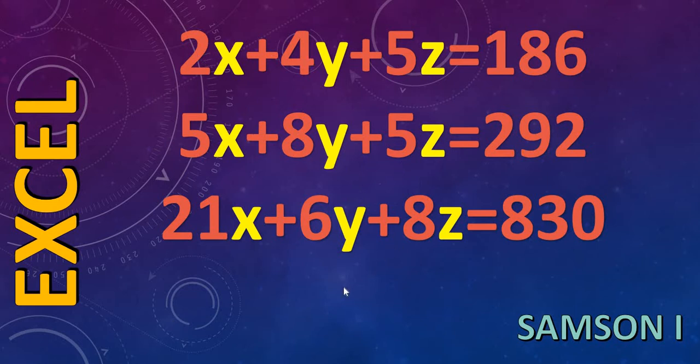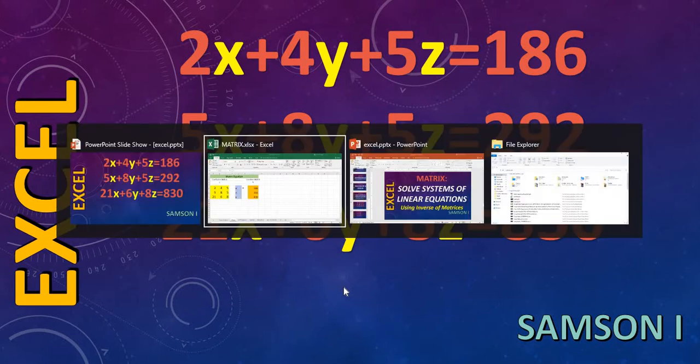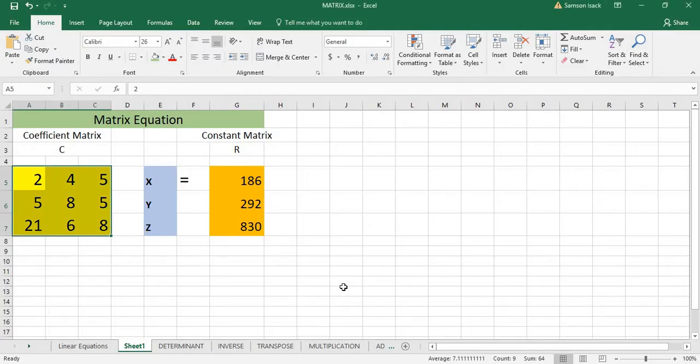Then I also take the x, y, z outside as another matrix which contains only the variables to be found.